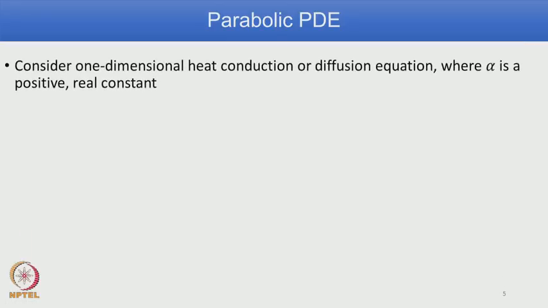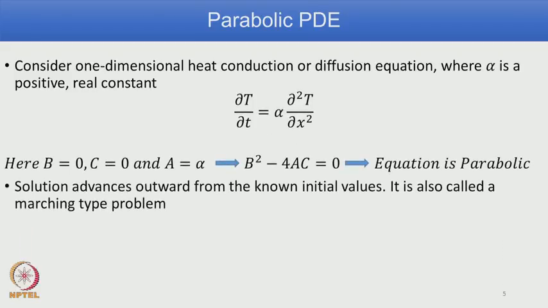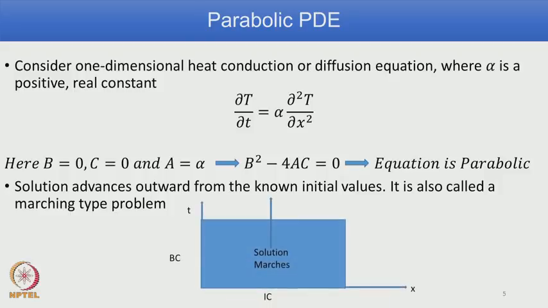And we did parabolic PDE by taking the example of the one dimensional diffusion equation, and we noticed that the solution advances outward from the initial values, the IC, and propagates in one direction outward. Such a problem is called a marching type problem or marching type solution.